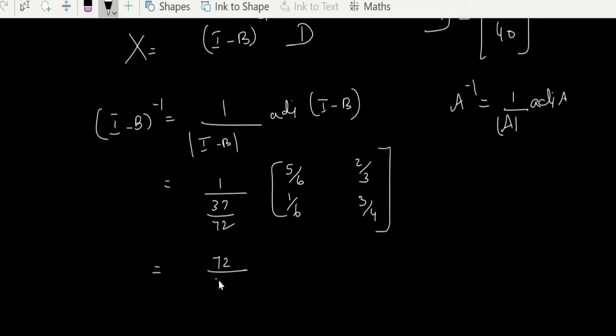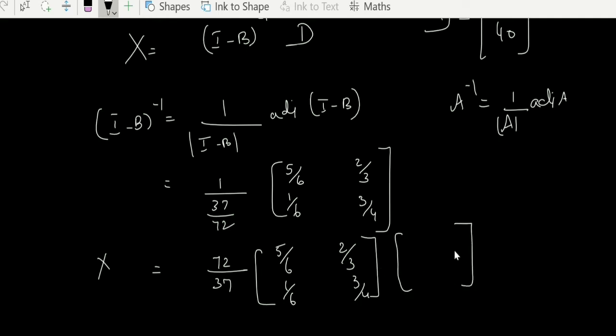The reciprocal 72 by 37 into 5 by 6, 2 by 3, 1 by 6, 3 by 4. So X is equal to I minus B inverse into the demand matrix. The demand is 80 and 40.